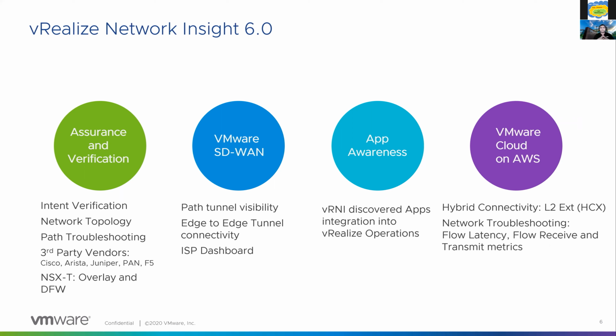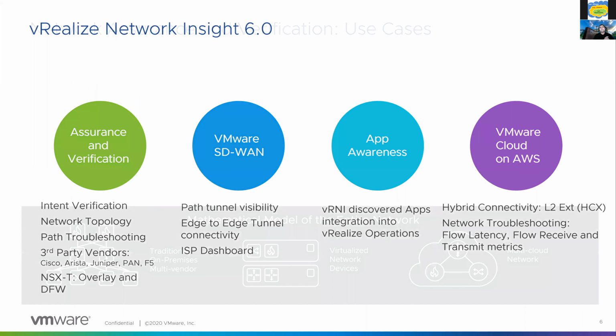So we'll see what those are and what the use cases of that are. Enhancements to the SD-WAN dashboards which VMware SD-WAN provides, where a lot of enhancements came in, app awareness on integration with tools like vRealize Operations, and on the hybrid cloud front, VMC on AWS came out with a lot of new metrics as well, right?